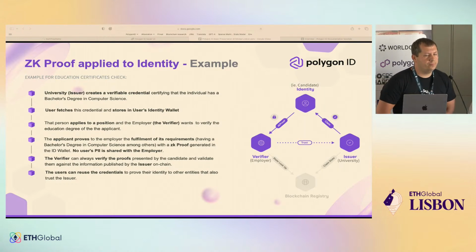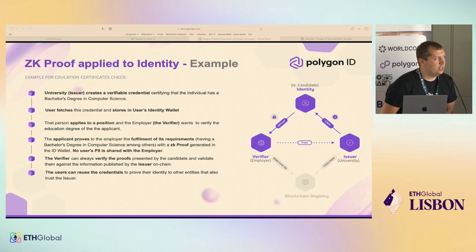The verifier generates a ZK query and gives it to the user. The user then scans it with his identity wallet and accepts what he needs to share or prove, and generates a zero-knowledge proof that is then sent to the verifier, and the verifier just verifies the zero-knowledge proof and checks that it's valid.